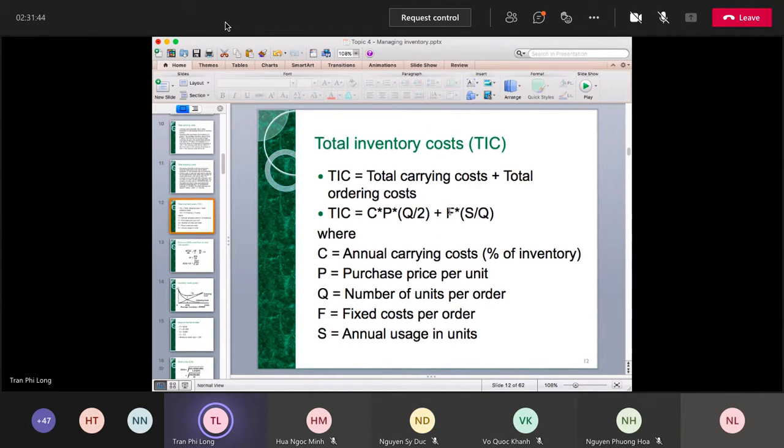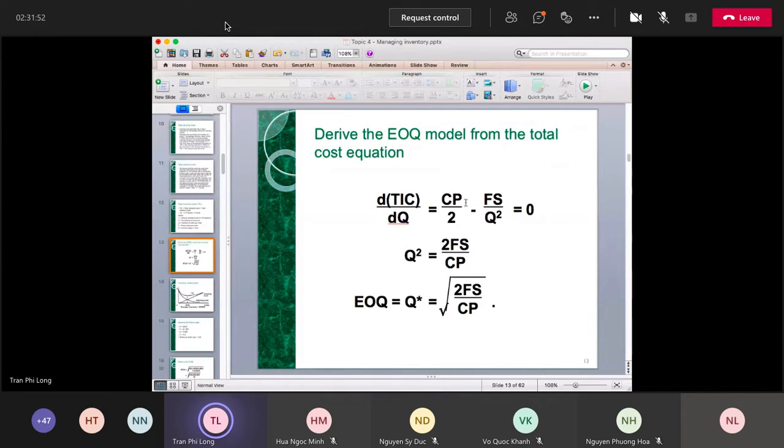And if you take the derivative of this part with respect to Q, it will equal minus FS over Q squared. And you solve this one to make it equal 0. So Q star will equal the square root of 2FS over CP.